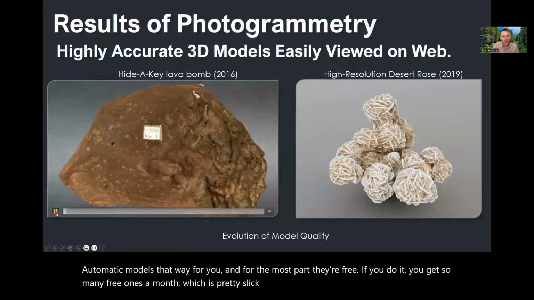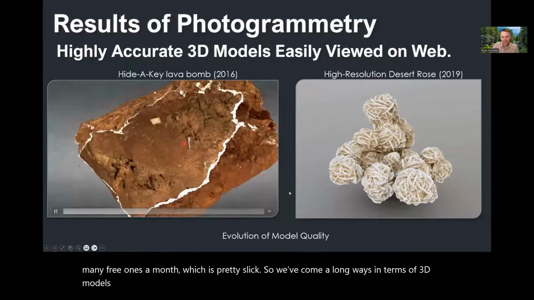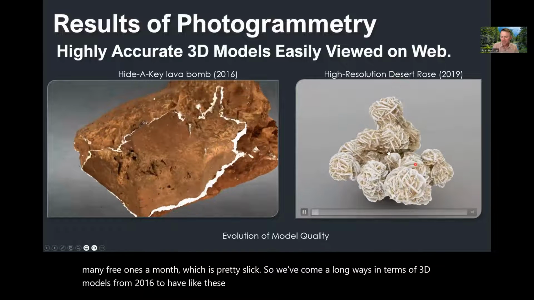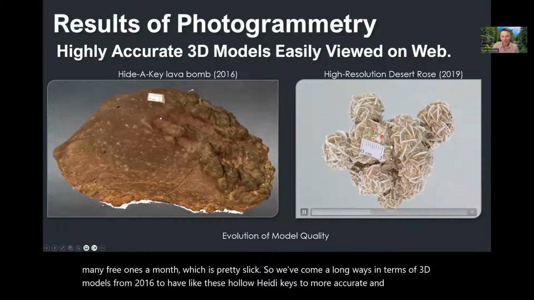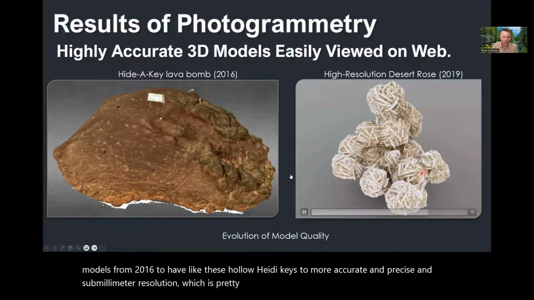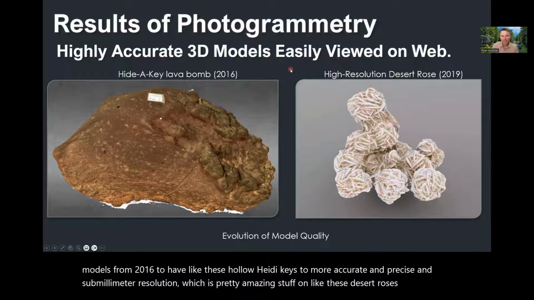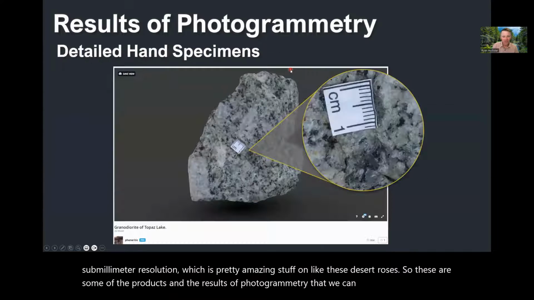So we've come a long way in terms of 3D models, from 2016, with these hollow Haida keys, to more accurate and precise, sub-millimeter resolution, which is pretty amazing, on these desert roses. So these are some of the products and results of photogrammetry that we can eventually incorporate into our classrooms.